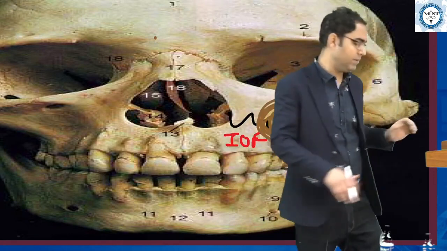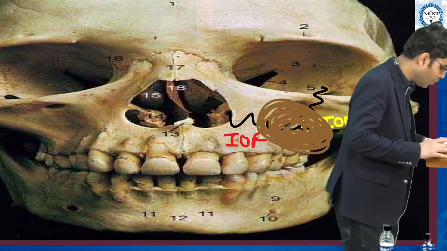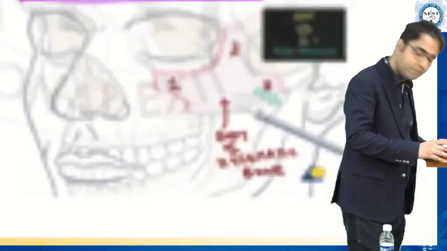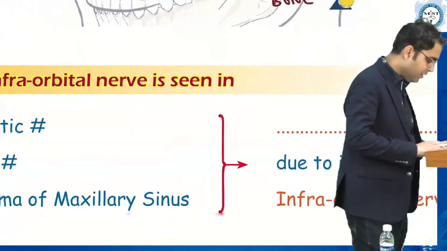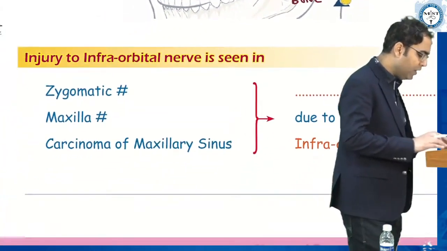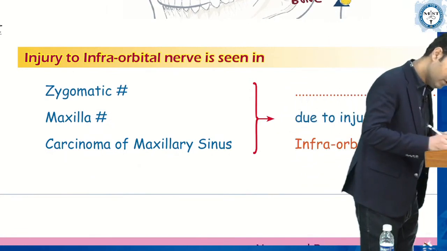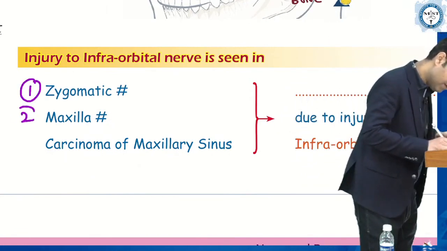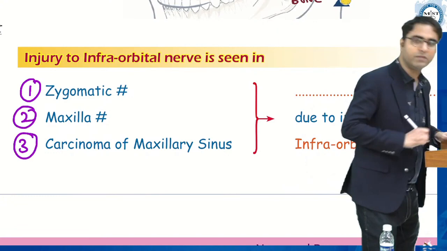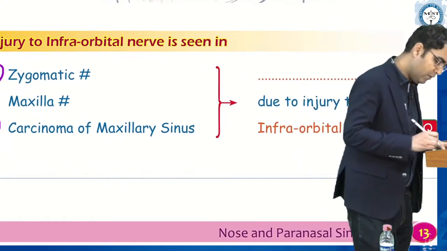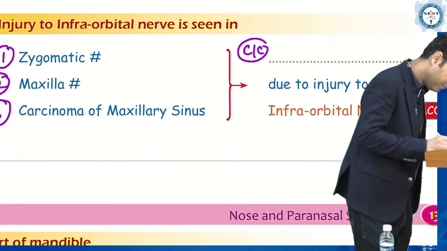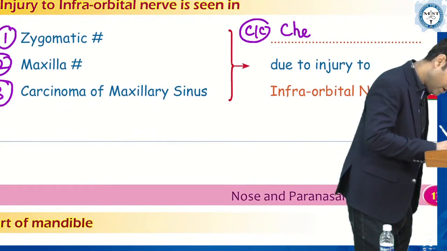Now you read your notes, everybody. Open up the PDF, the workbook, and see, beta. Injury to the infraorbital nerve is seen in three situations. Label, beta, number one, zygomatic fracture, maxillary fracture, and carcinoma of the maxillary sinus. Okay, write down. Chief complaint: cheek anesthesia.